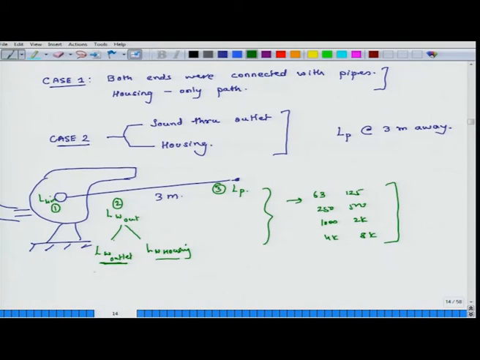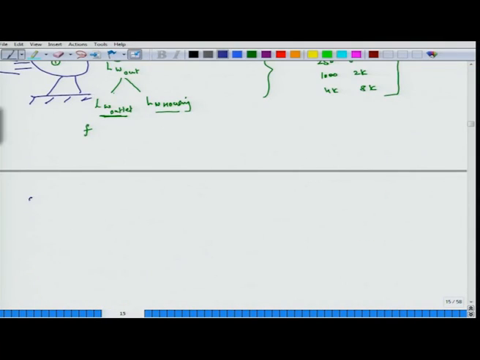So, in the table which I had shown for different frequencies, 63, 125, 250, 500, 1000, 2K, 4K, 8K, LW in we have already done, and this calculation does not change.